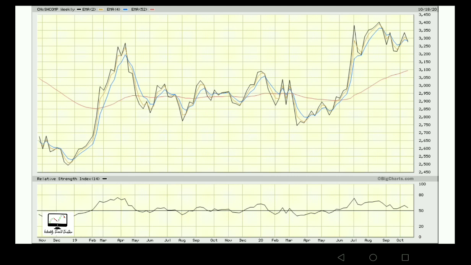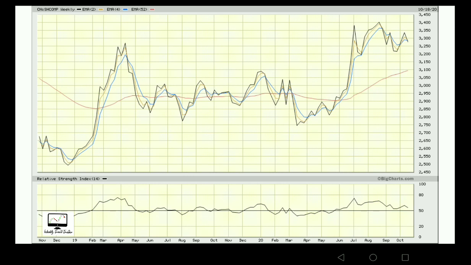So here's the Chinese market, the Shanghai Composite. As we can see straight away from looking at the chart, most of 2019 and into the beginning of this year, the price action was pretty flat. Look at the 52-week moving average, very flat. The price action is just running right through the middle of it. But what's happened in the last couple of months? Well, the market's run up.